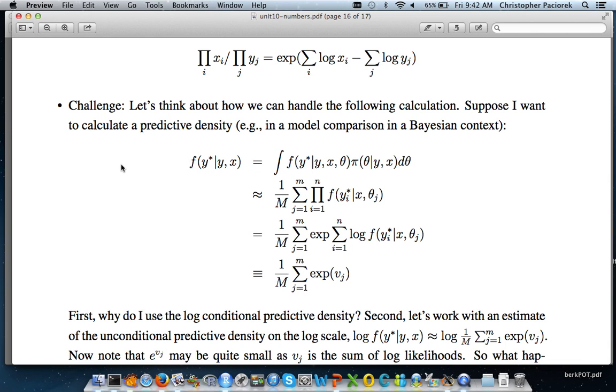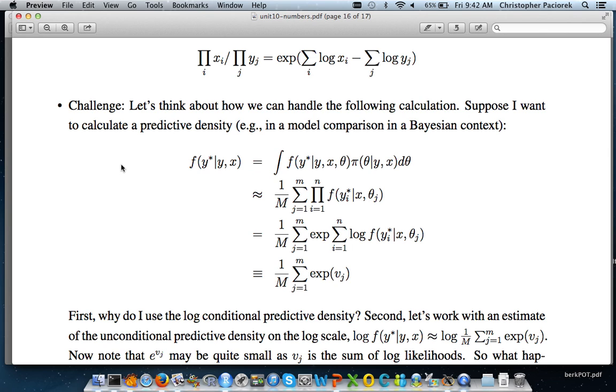Many of you have hopefully been exposed to Bayesian statistics, but even if you haven't, that's okay, because this is just an example that gets us to the numerical calculation at its core. This is basically a prediction problem. I'm trying to get the density of some new observation given data that I've observed and some covariate x. You can just think of this as prediction.